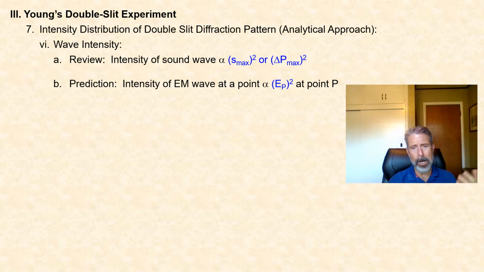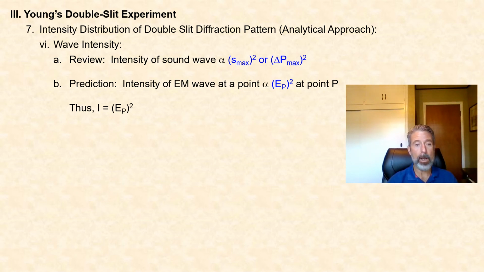I know it's a little bit of a jump there, I'm just going to have to ask you to believe me on this one, but once you take that leap of faith, then everything else should fall into line here. So we're going to say that the intensity of an electromagnetic wave goes like the square of the electric field at a given point.